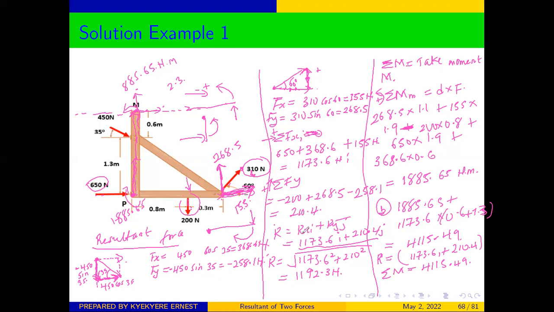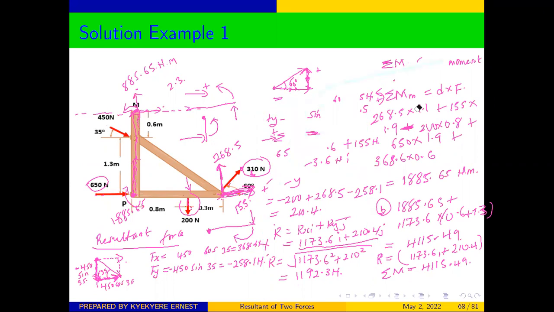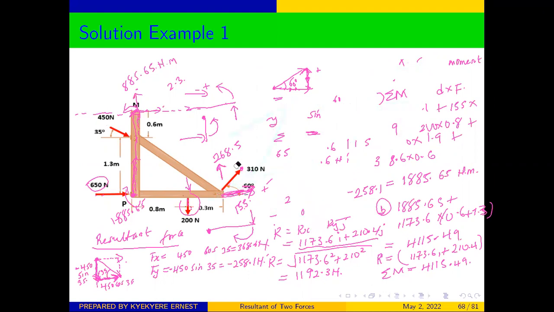So that is how to move the resultant couple from one point to another point. And that was very easy. I don't know how you see it, but the question was very easy to solve and very simple to understand.